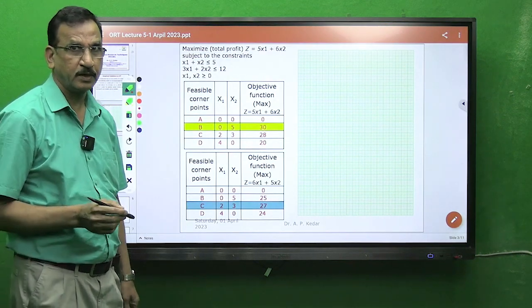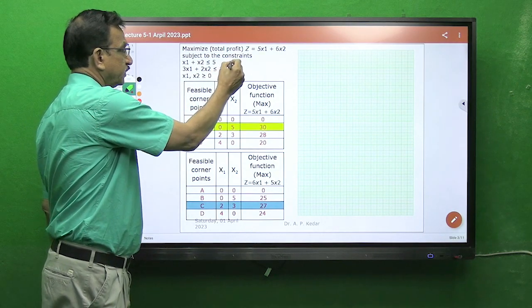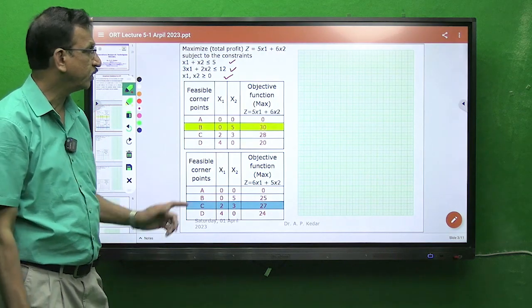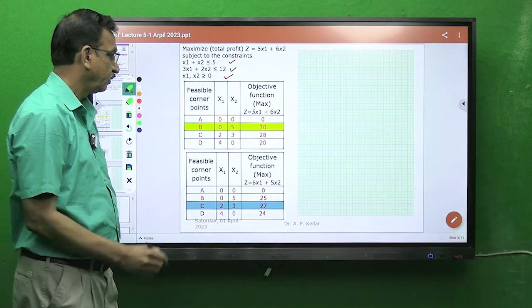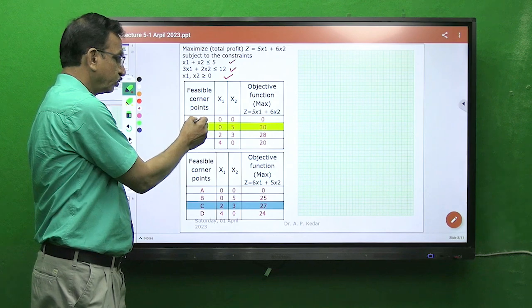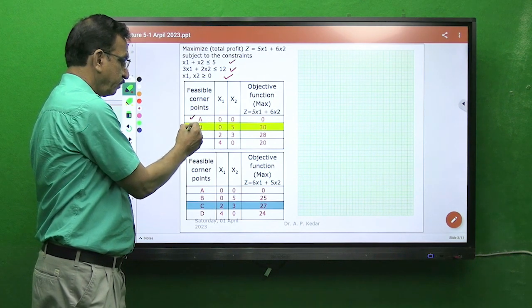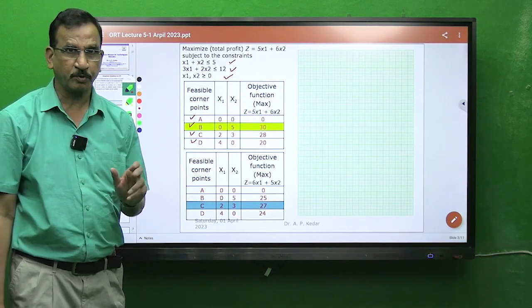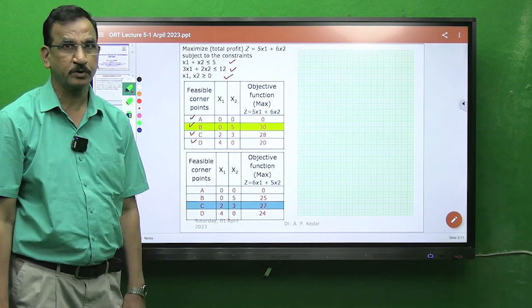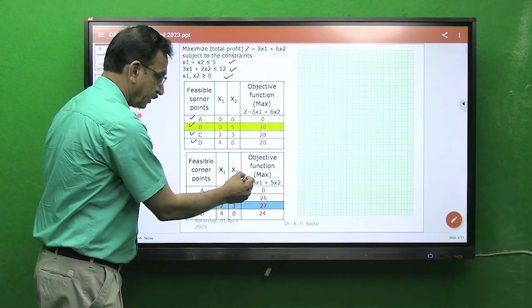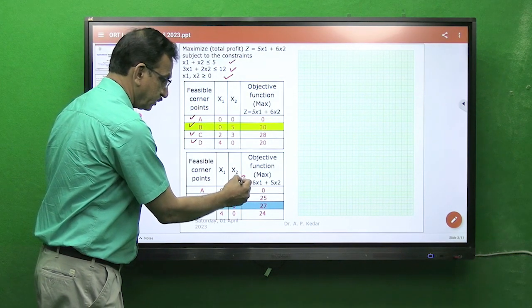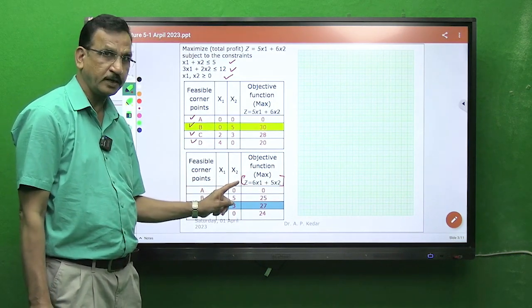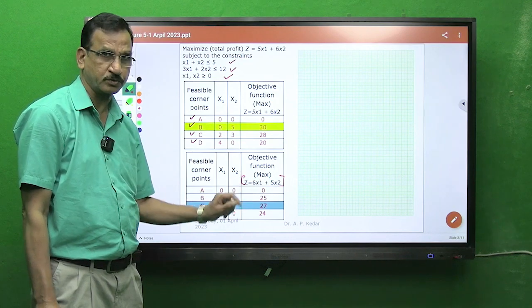From the given data, we have constraint equations 1 and 2 with non-negativity condition, and we have identified various corner points through the graph as A, B, C, D. Now in the given problem, the original objective function was: maximize profit z equal to 6x1 plus 5x2.